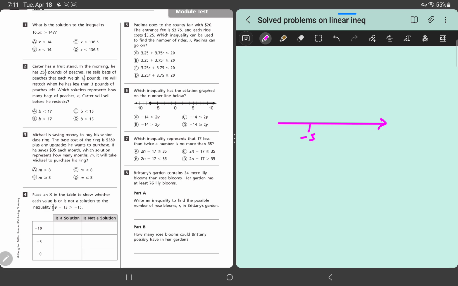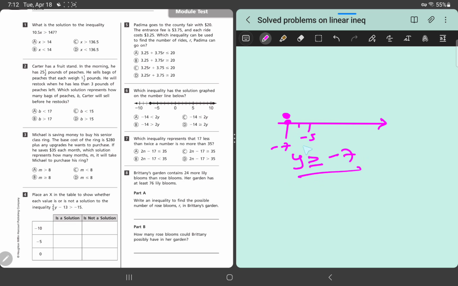After minus 5 there is minus 6, and this is minus 7, and the minus 7 is included, and this is going like this. So you can call this one y. So y is greater than or equal to minus 7 is the inequality, because minus 7 is included.